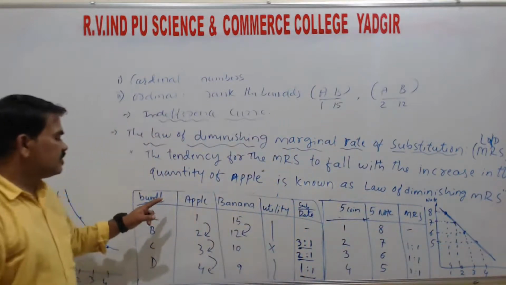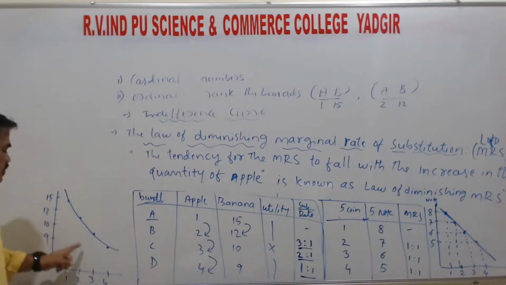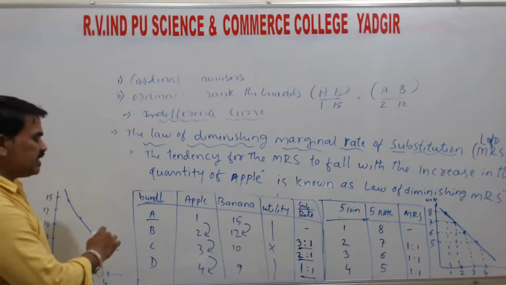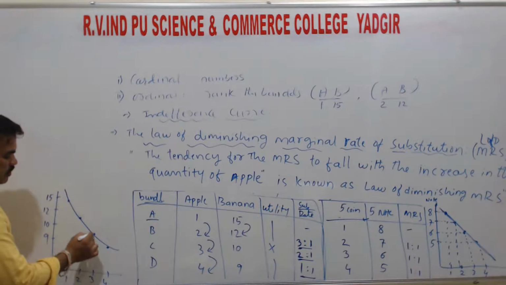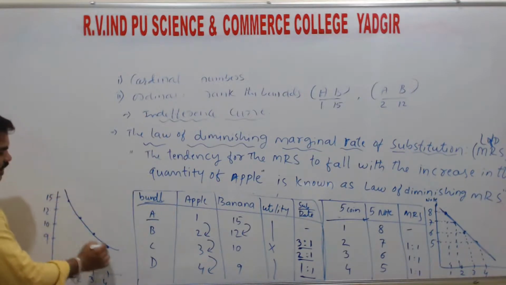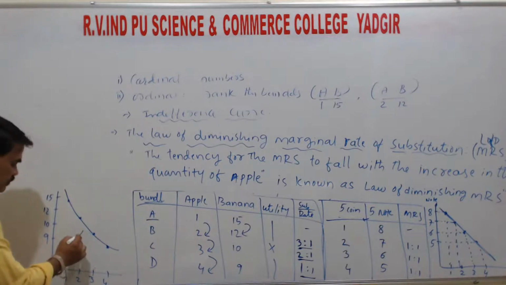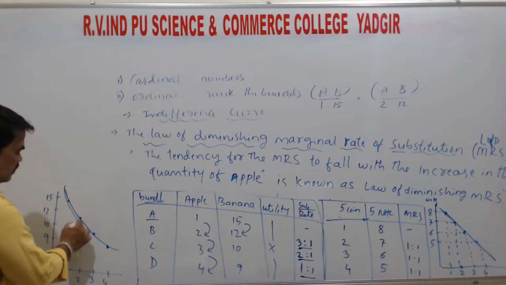But when there is no perfect substitution, the curve looks like this, because the rate is diminishing here. From 3 to 2, 1, like this. That's why this curve looks like this. It is convex to the origin.